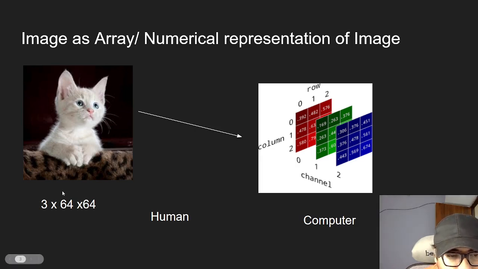This is the overall array representation shape of the image, and how your computer will recognize this image is something like this. So it will have 3 channels basically. RGB corresponds to red, green and blue, so this 3 corresponds to your color image, and this 64 cross 64 is the width and height of the image.